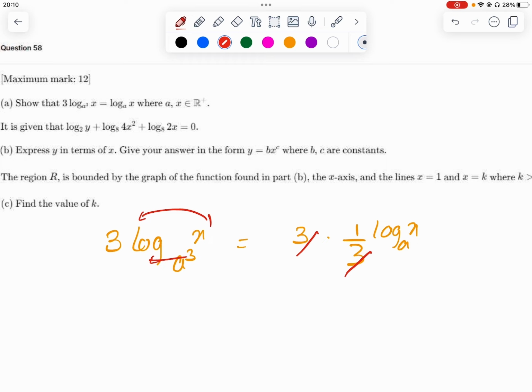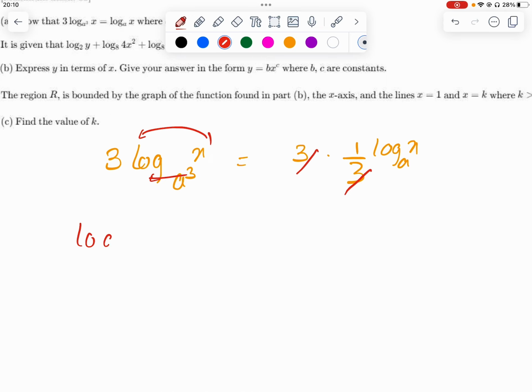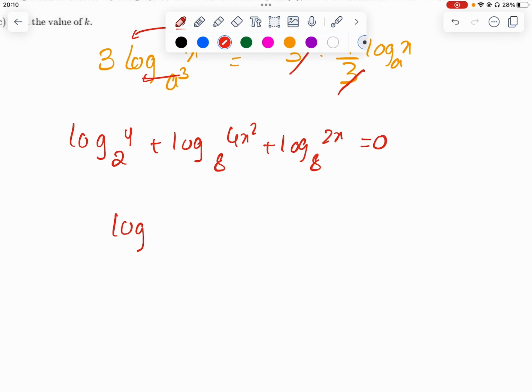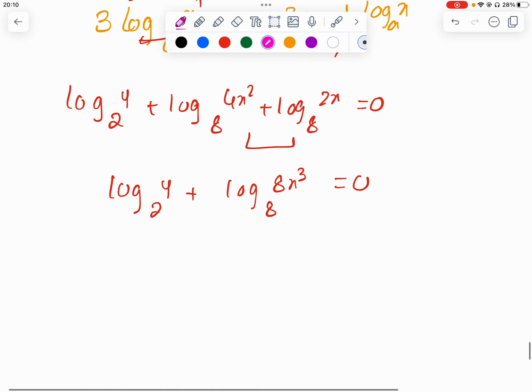Next part, what is he asking? Log y to the base 2 plus log 4x squared to the base 8 plus log 2x to the base 8 equals 0. So what am I going to do? Log y to the base 2 plus log 8x cubed to the base 8, because these two are the same, equals 0.